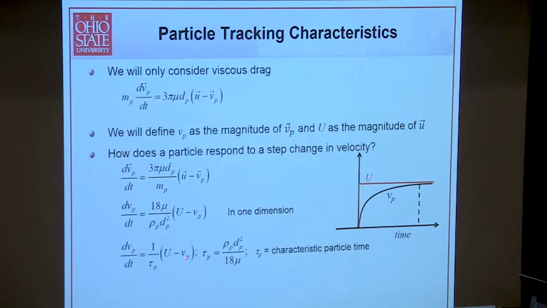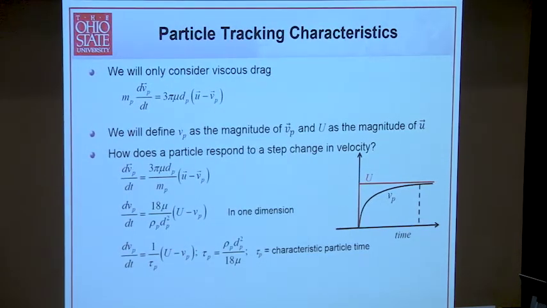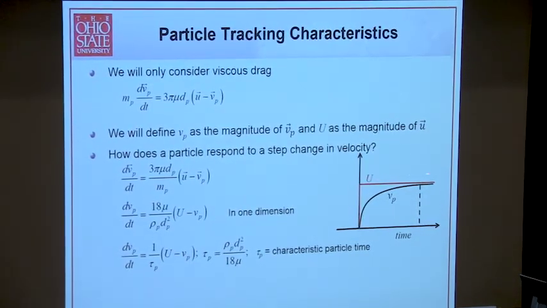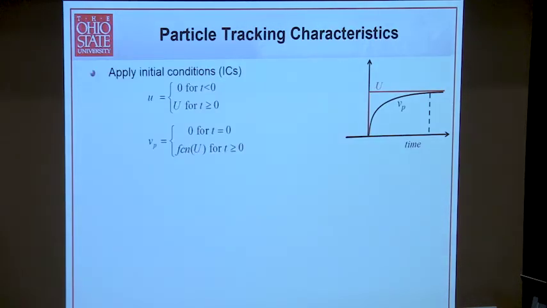Okay? We can rewrite this as the time rate of change of the particle velocity is 1 over a characteristic particle time, just defined in this manner, times essentially a slip velocity, the difference between the particle velocity and u. Okay? So let's integrate. We integrate this equation, we end up with this expression. And let's add some initial conditions we know.